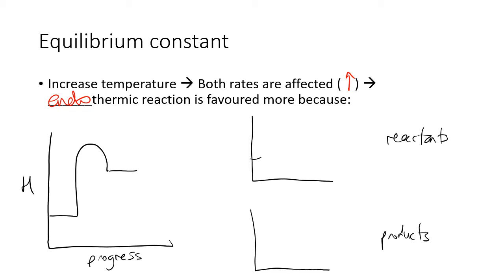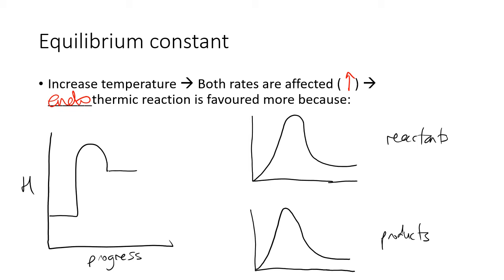Now remember these energy distribution graphs: you've got to start at 0, then you go up, and then there. This one here, same. So these are the reactants and these are the products.